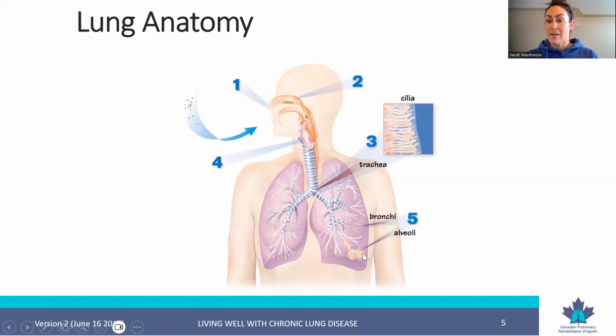And the final path, the destination of that incoming air is the alveoli. We'll talk about the alveoli in later slides. You'll get to see a blown up cross section of what exactly that looks like and what's happening there. Okay, so this is the whole path that air travels on the way in.